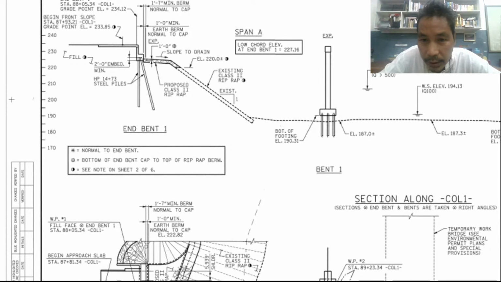Normal to end bent. Bottom of end bent cup to top of riprap. Okay? Is that clear? The text inside the small box in the middle of your screen.